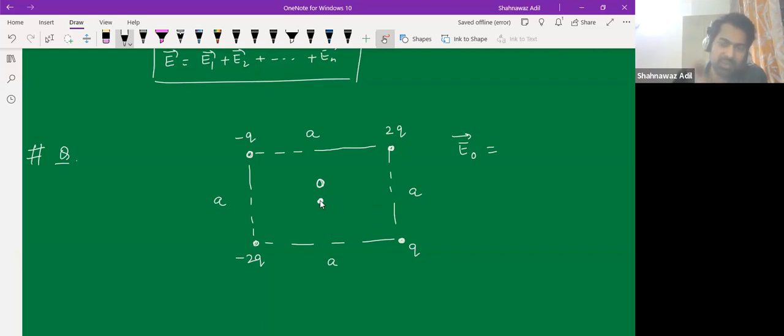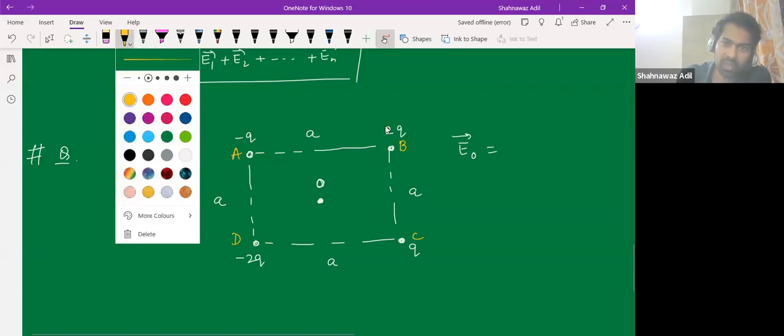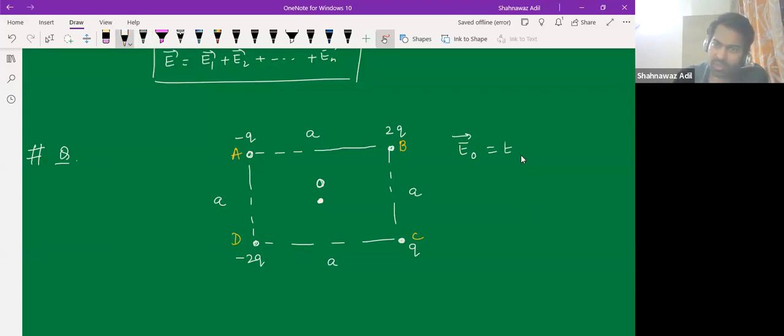So 4 contributions would be there, right? So A, B, C, and D. So the electric field would be due to EA plus EB plus EC plus ED.